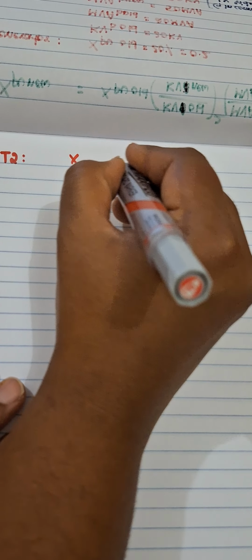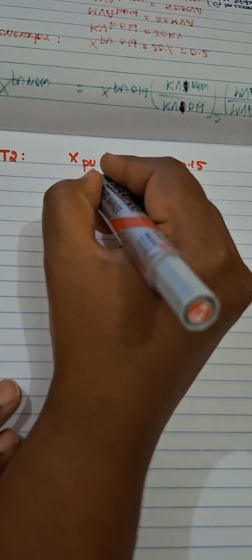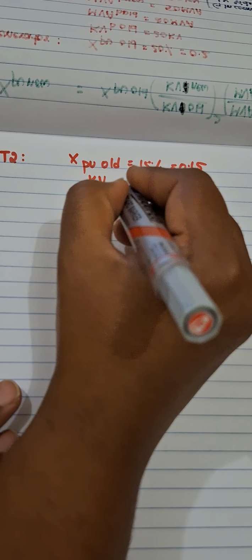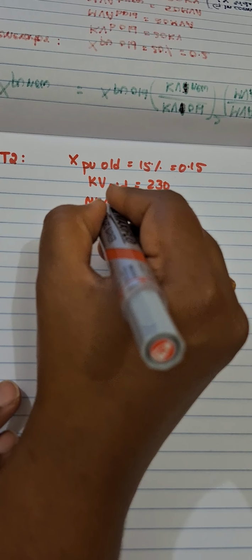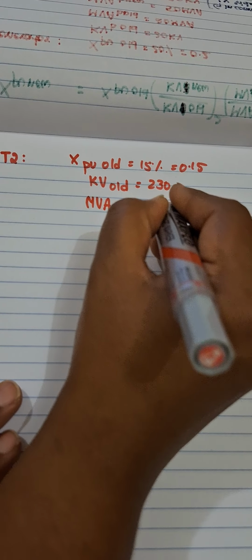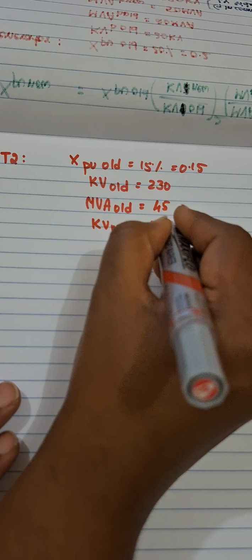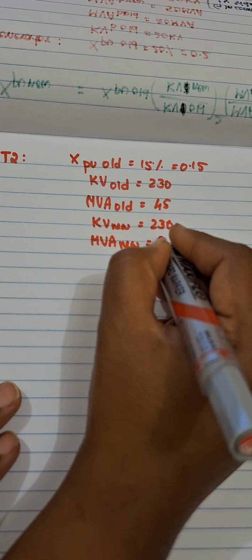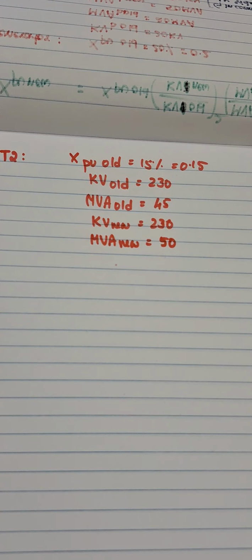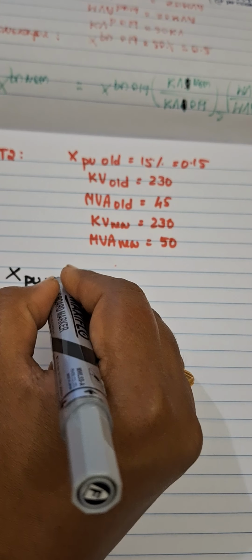So XPU old is 15%, it means 0.15. Then they said kV old is 230. Then MVA old is 45. And we know kV new is given as 230. MVA new is given as how much? 50.